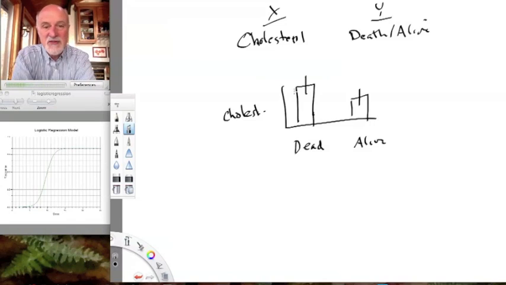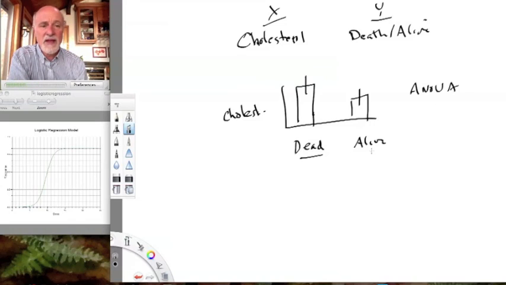So this is fine. I mean, you can do that analysis. There's nothing to say you can't do an ANOVA, if you want to, and ask, thinking backwards, whether the dead individuals had previously higher cholesterol levels than the individuals that lived through some period of time. That's fine.